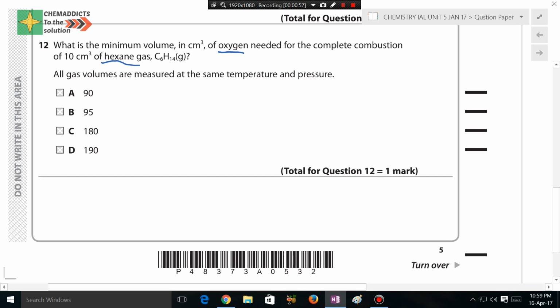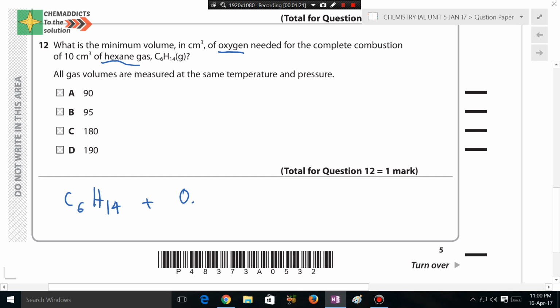Basically that's like that. So let's first write down the chemical equation for this reaction.